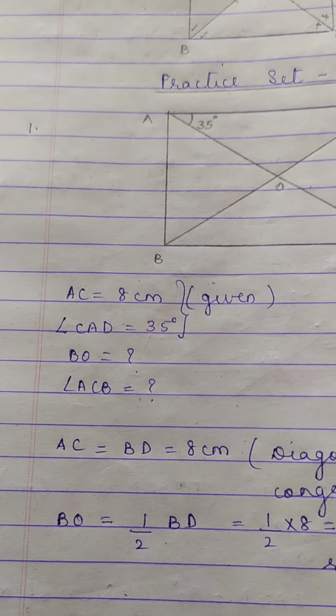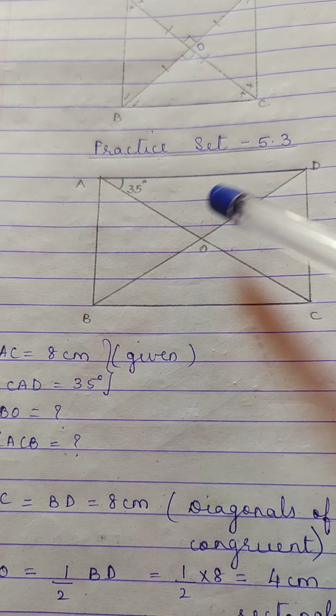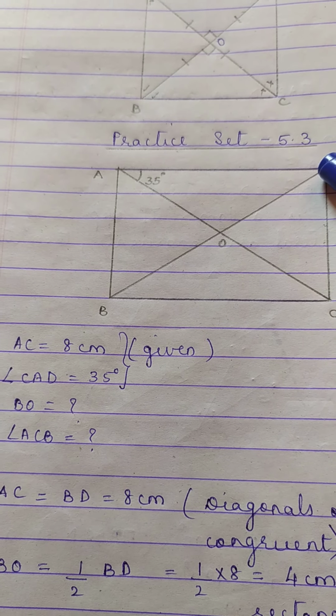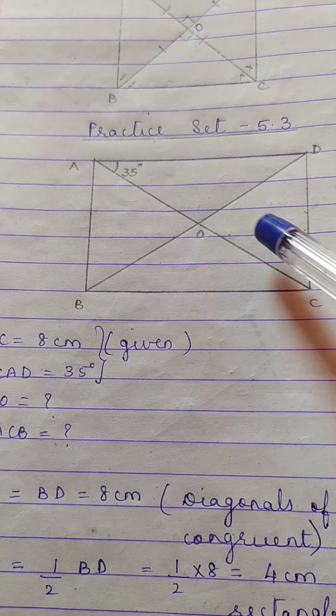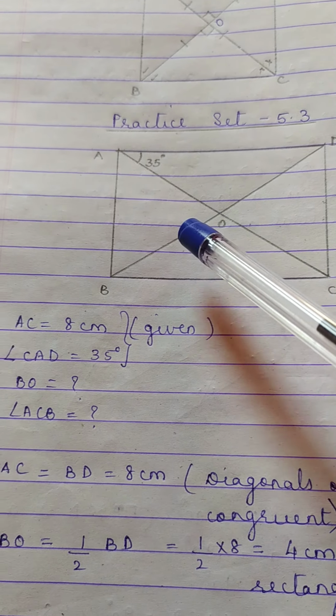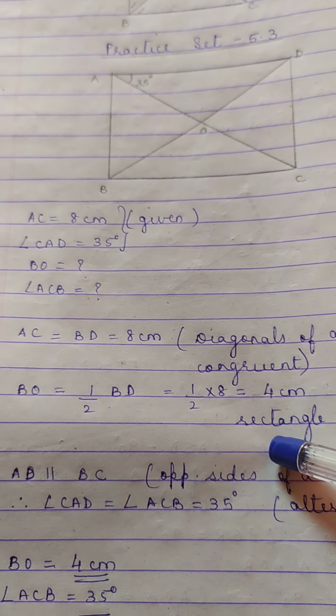This is your question. So AC equal to 8 centimeter. We know that the diagonals of a rectangle are congruent. So if AC is 8 centimeter, BD is also 8 centimeter. We also know that the diagonals of a rectangle bisect each other. So BO is half of BD, therefore this will be 4 centimeter. Okay, I have explained it over here like that.